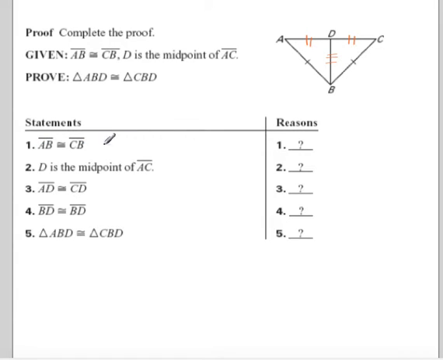So AB congruent to CB was given. D is the midpoint, that was given. AD congruent to CD, that comes from using the definition of midpoint. BD congruent to BD, that's the shared side, that's the reflexive property.